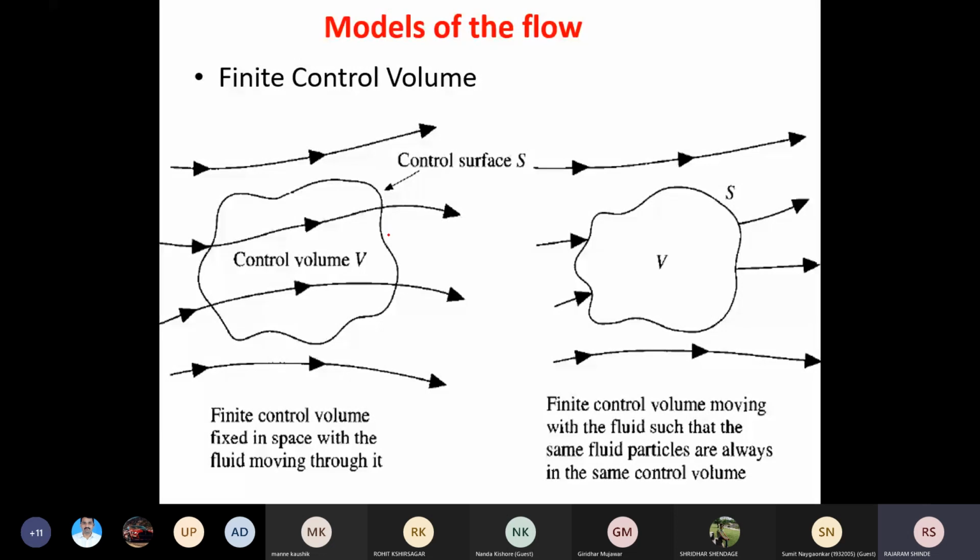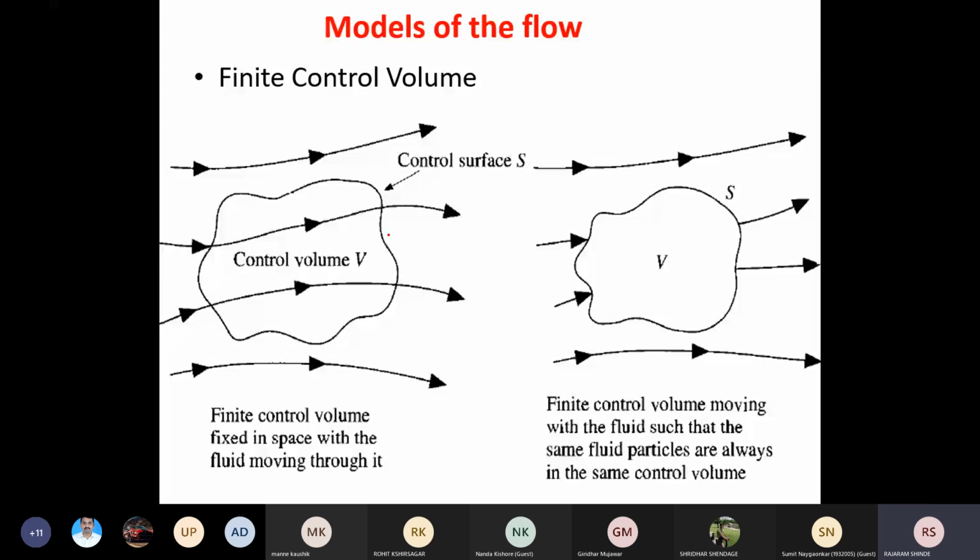Now in the second model, the control volume is reasonably large. That means it has a finite region of the flow. The fluid inside the control volume is fixed. You have to remember this.